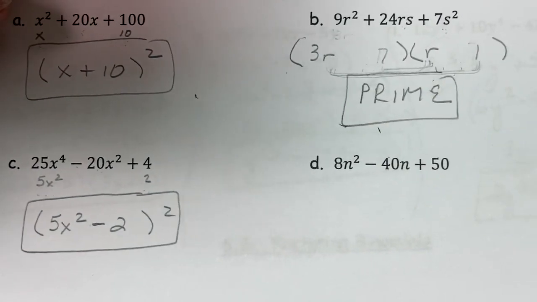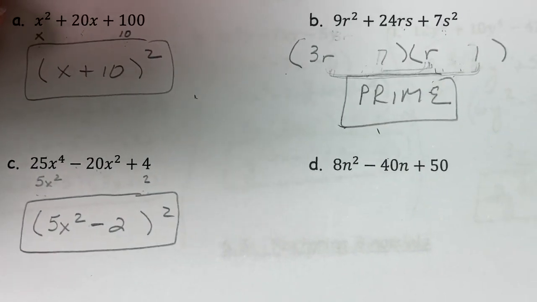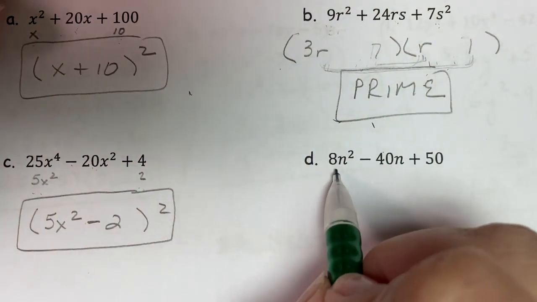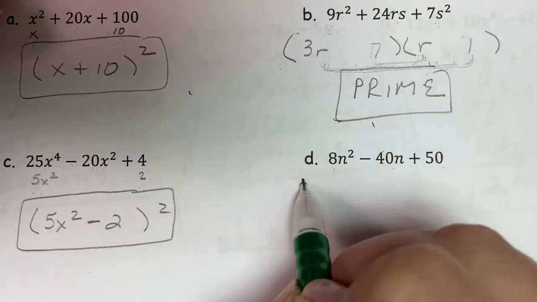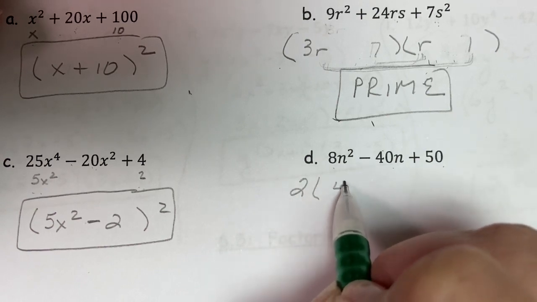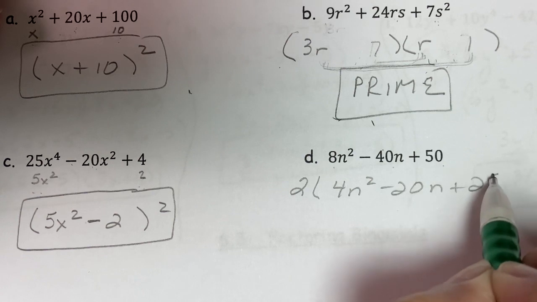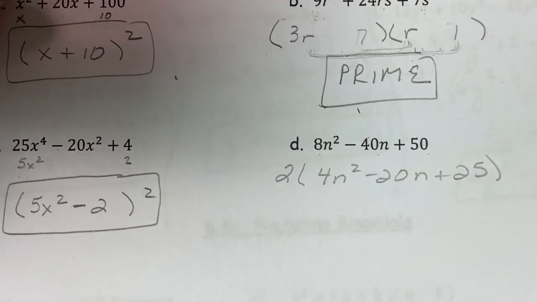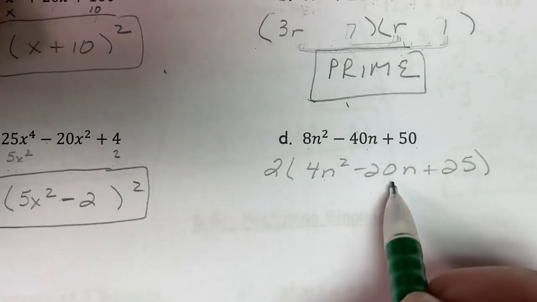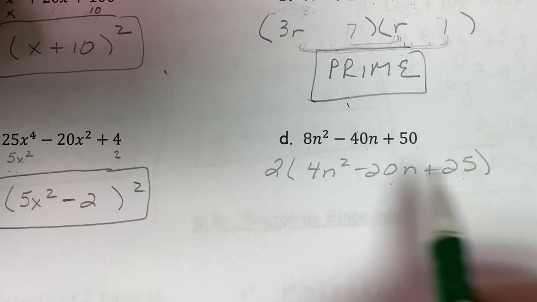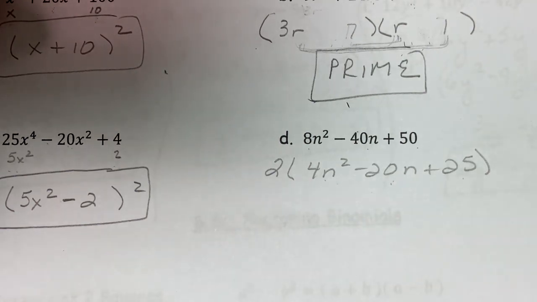Finally, our last one. Look at this one. Do you happen to notice that we can take a greatest common factor out? We better do that. So what divides into all of these? It looks like it's just going to be a 2. So 4n squared minus 20n plus 25. Now, we have a trinomial. You can immediately go into guess and check, and that's okay.